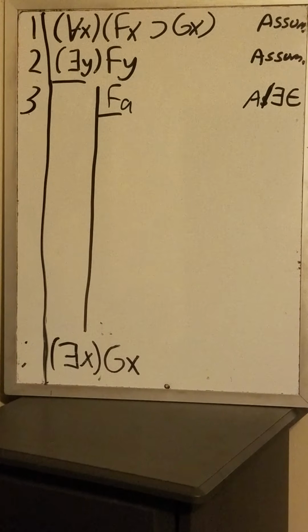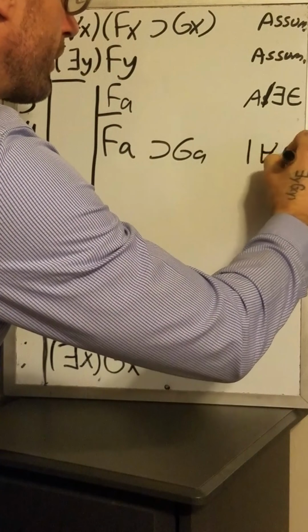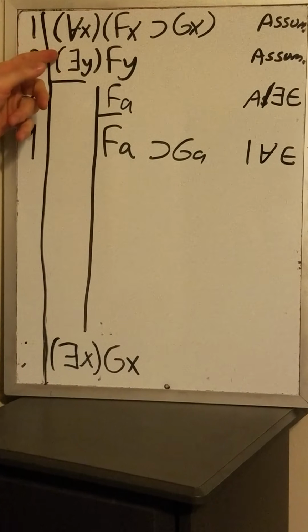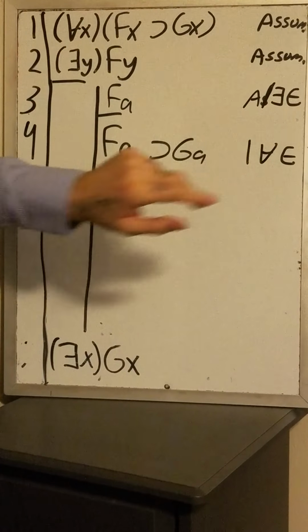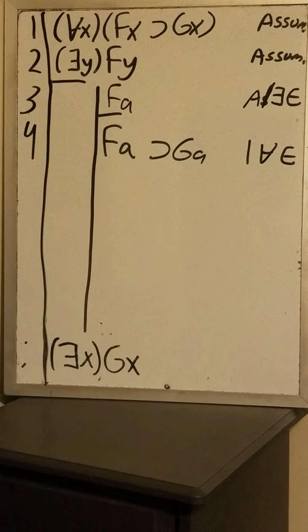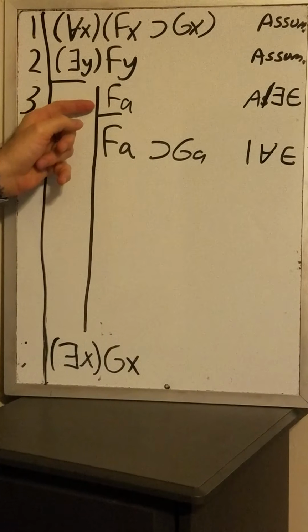So we have FA. Well, we know for everything, if it's F, then it's G. So in particular, if A is F, then A is G. And that's universal elimination on line 1. That illustrates why you always want to do your assumptions for existential elimination prior to your universal eliminations, because you want to use letters that are new to the proof for your existential eliminations.